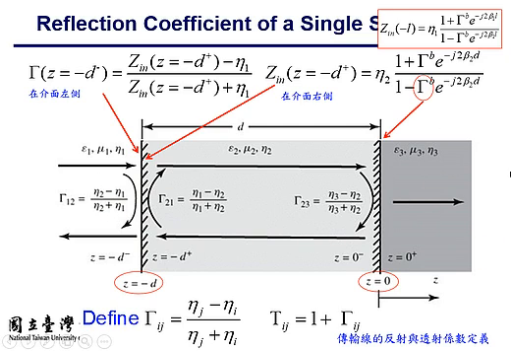So actually you have an infinite number of terms here, for the total transmission on the right-hand side and the total reflection on the left-hand side. You end up with an infinite series.